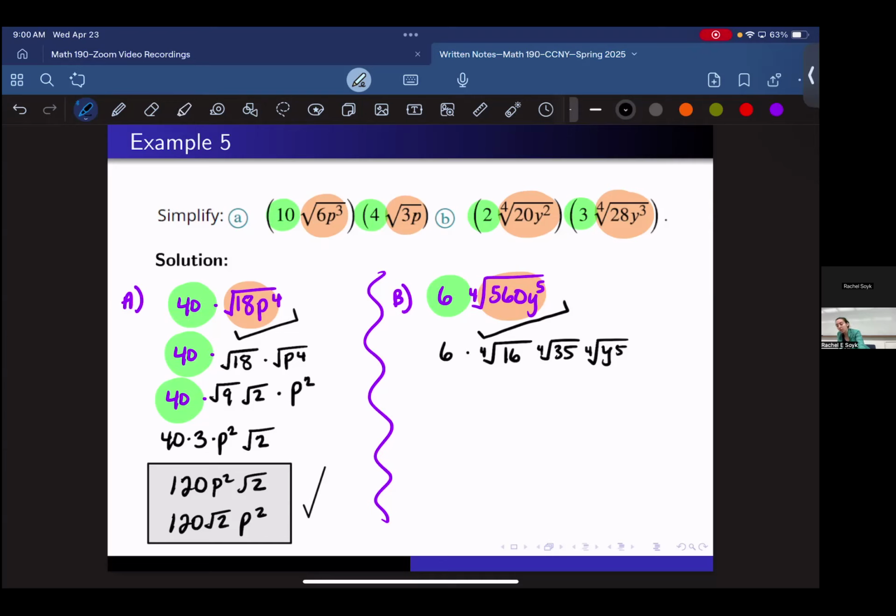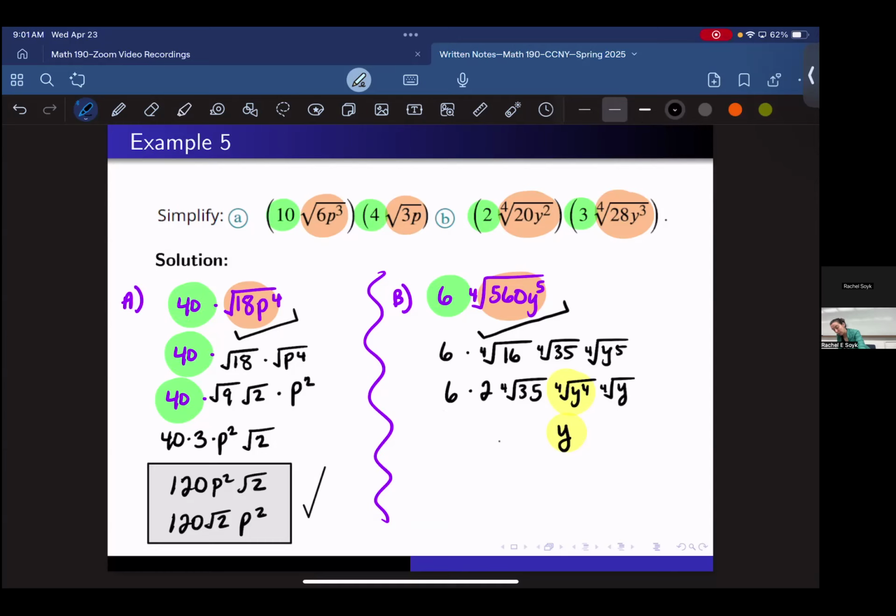Quartic root of 16 is 2, so we have 6 times 2. And then we have this quartic root of 35, which can't be simplified further. And then the quartic root of y to the fifth is the same as just the quartic root of y to the fourth times the quartic root of y. And we know that the quartic root of y to the fourth is just y.